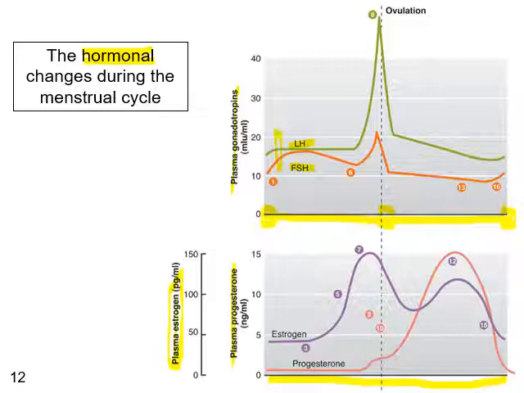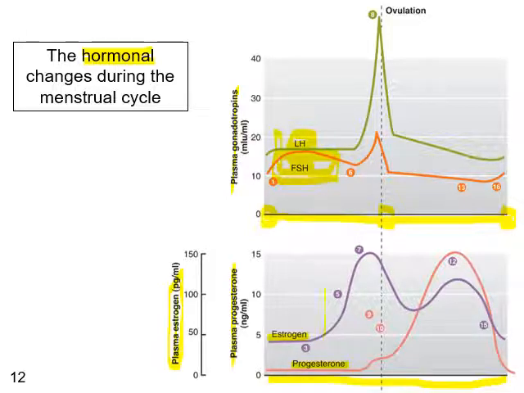It is being produced by the gonadotrophs of the anterior pituitary in response to a low amount of GnRH from the hypothalamus. So LH and FSH levels are there, but they are low and they are stable. They are relatively stable during the first week or so of the menstrual cycle. Estrogen is low and progesterone is very low.